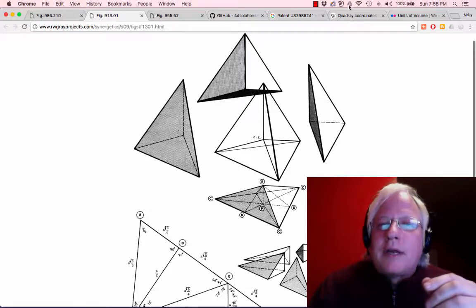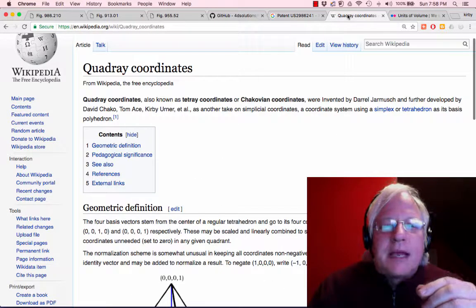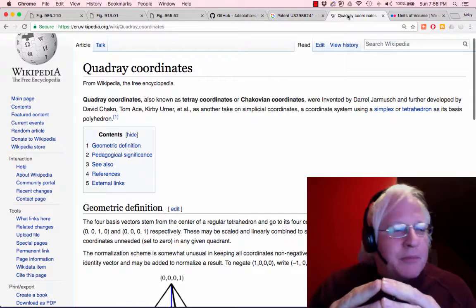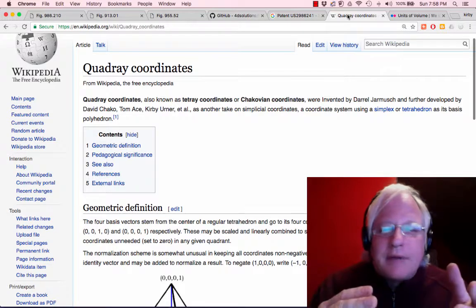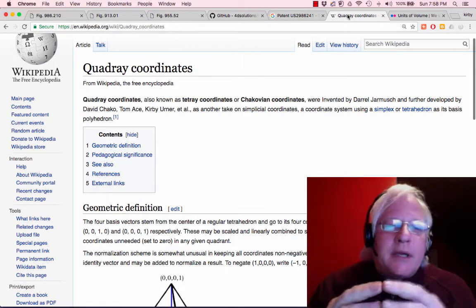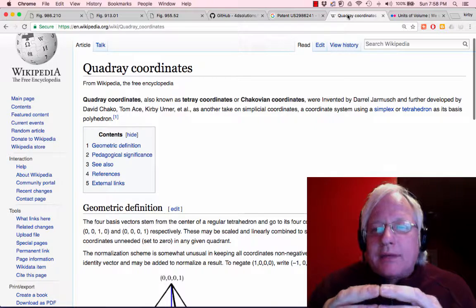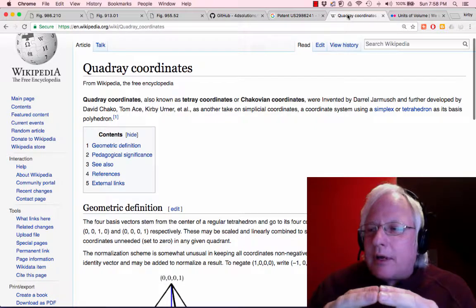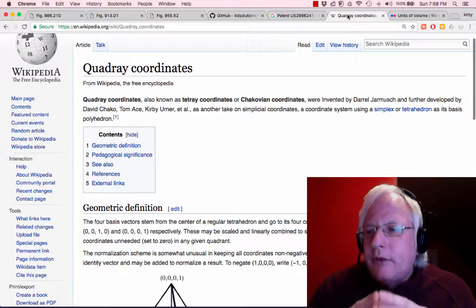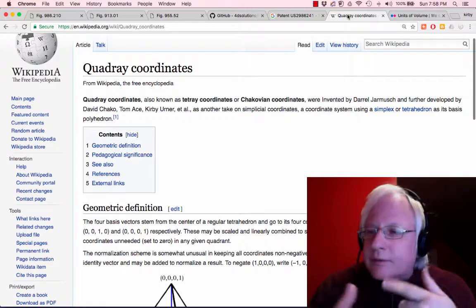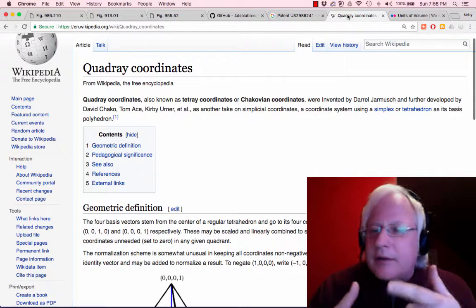The thing about Quadrays is they came into the world through multiple people, and so did the IVM actually. Quadrays and the IVM were in the wind, I would say. I heard about them on a listserv called Synergetics L from David Chako, and I got the ball rolling on that listserv, and we did a lot of development together.